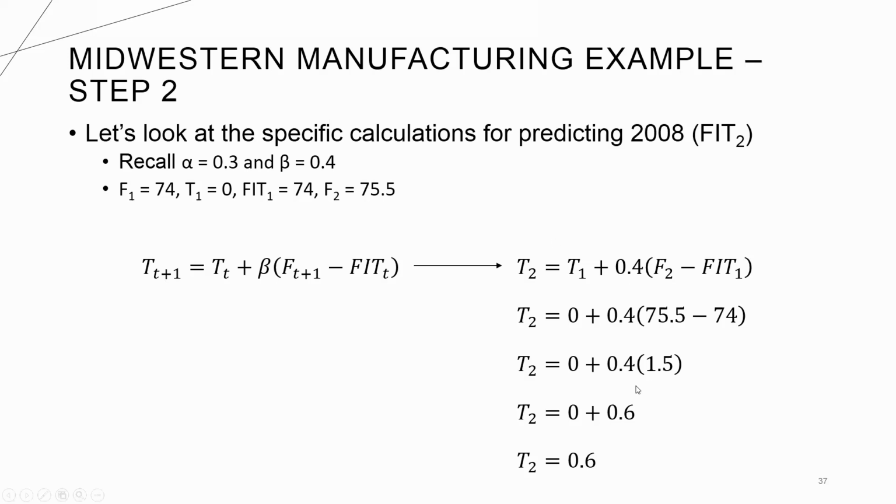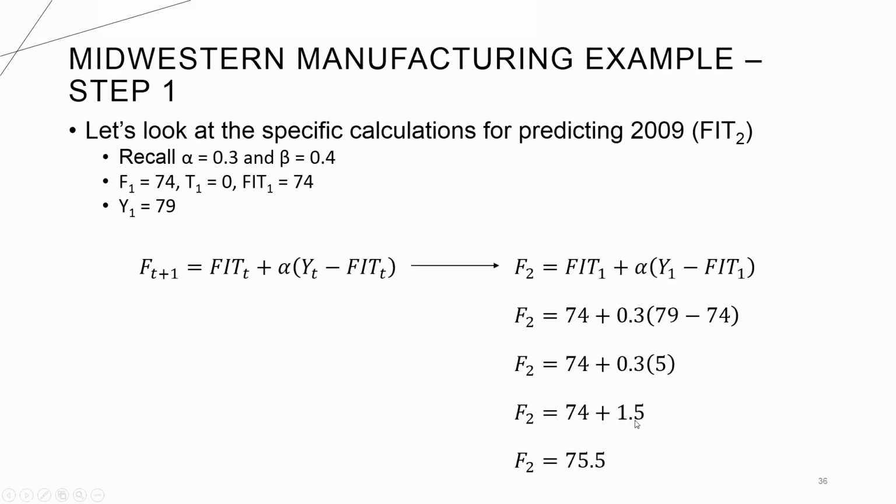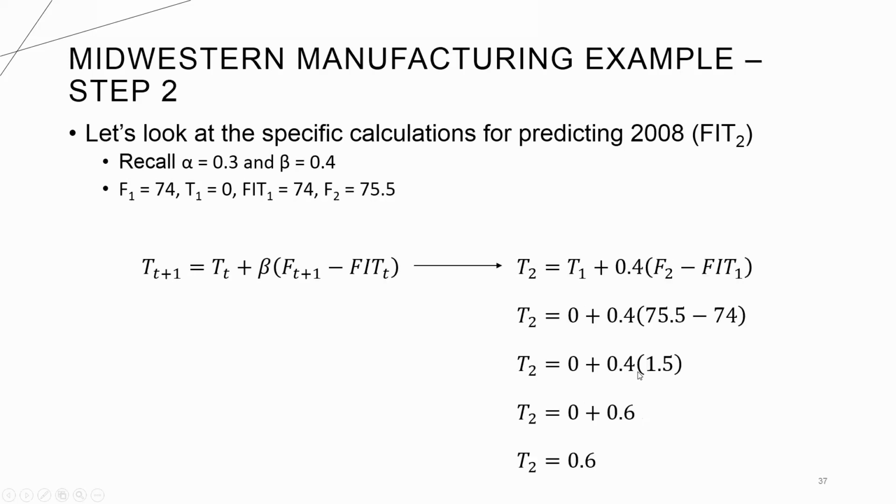This 1.5 here that they're getting for F2 minus FIT1 is the same as this 1.5 on this slide, and this 1.5 was alpha times the error. So all they're doing on this slide is beta times alpha times the error.